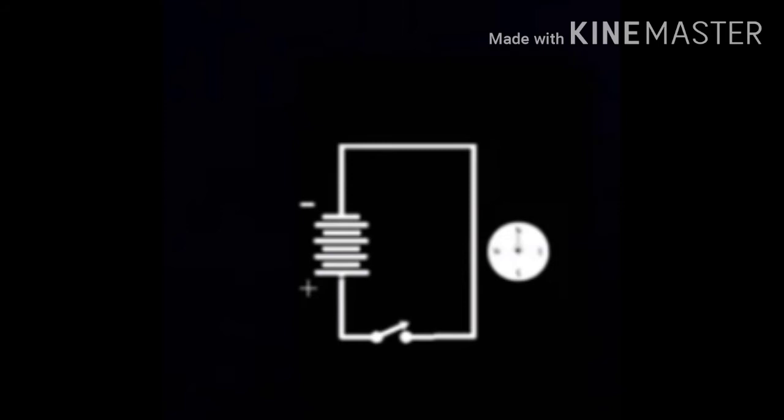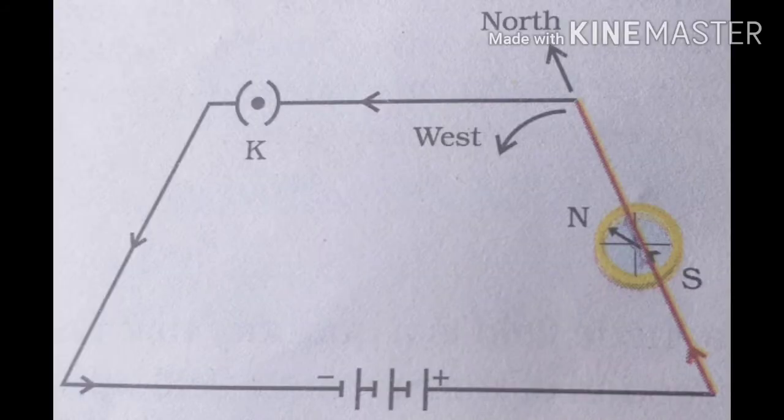Suppose the deflection, with current in the positive direction, is to the left at first. If you change the polarity of the battery, that time the deflection will also change. Clear? That means if you change the polarity, suppose current is in the north direction, just look here, suppose passing current towards the north, the deflection will be towards the west.